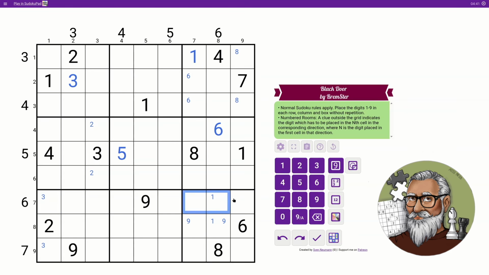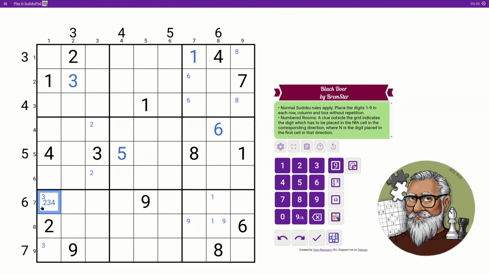But it can't be 7, 8, or 9 either, because we can't have 6 in any of these columns here, or any cells, because we already have 6 there, right? So this could be 1, 2, 3, 4, and that's it, right? We'll fix that, but I'm just showing you how it is.